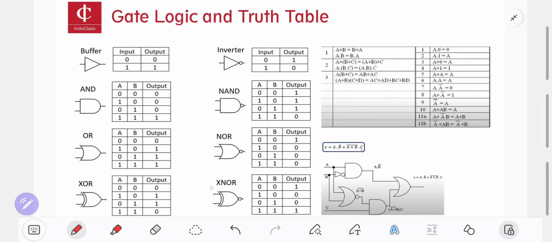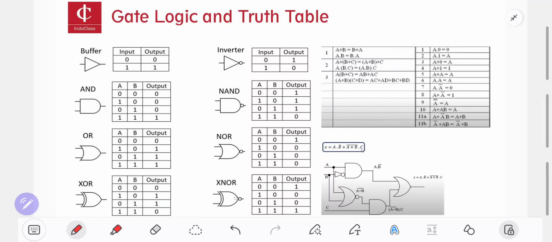Before we learn XNOR gate logic, you can compare with XOR gate logic. The value is opposite. In XOR, if the input values are different, the output value is 1.